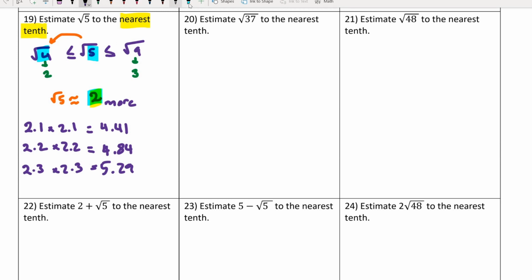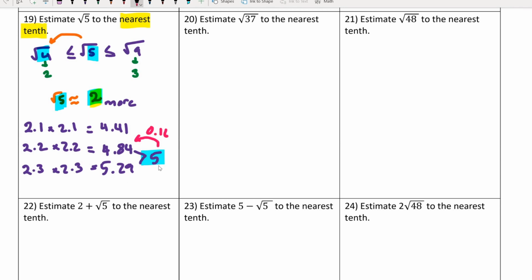Okay, we try to find our number 5. 5 is in between 4.84 and 5.29. We're going to find out which is closer to 5. If I take 5 minus 4.84, that will give me 0.16.